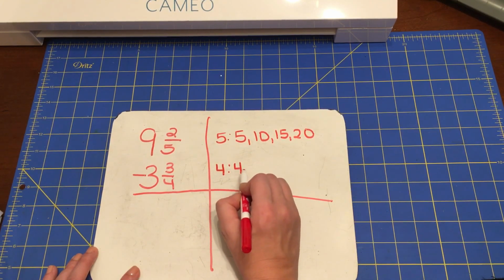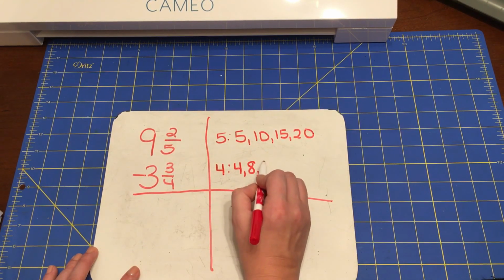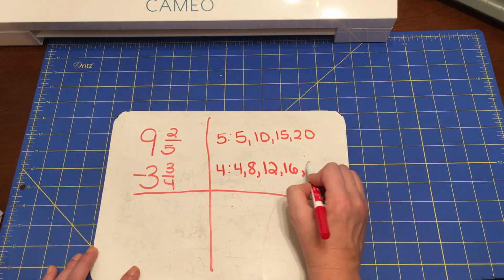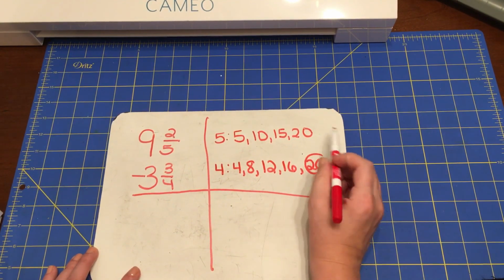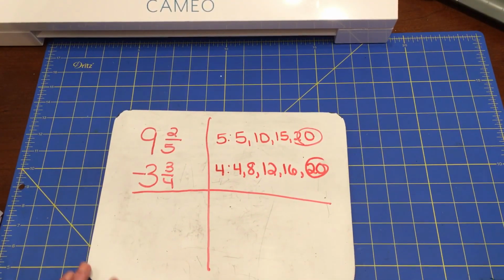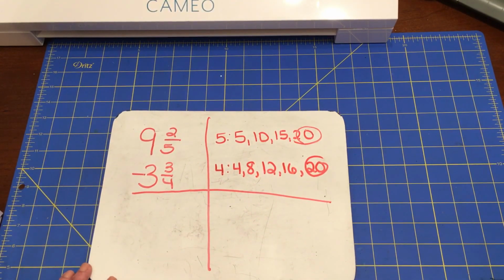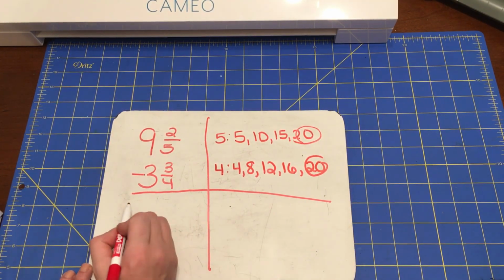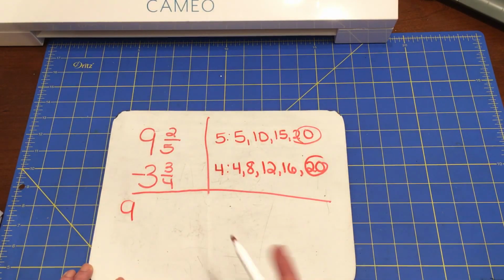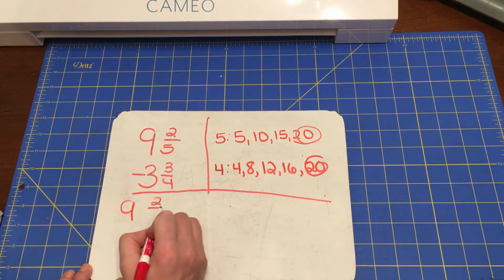So 4 times 1 is 4, 4 times 2 is 8, 4 times 3 is 12, 4 times 4 is 16, 4 times 5 is 20. So my new denominator for these two fractions is going to be 20. Now I'm just writing out these multiples for you, but if you know in your head already it's going to be 20, that's fine. I'm just showing you and reminding you how to get a common denominator if you don't remember those steps.